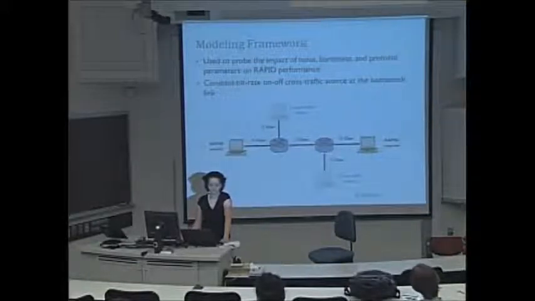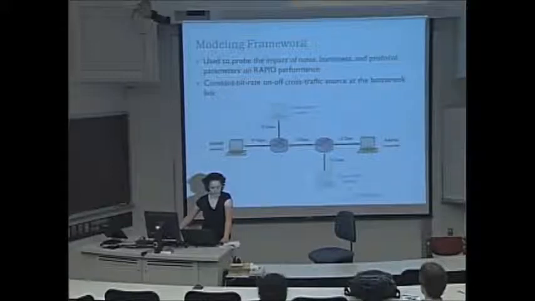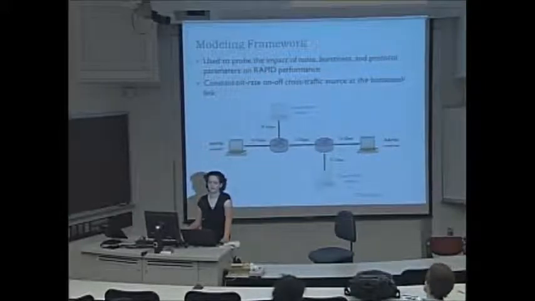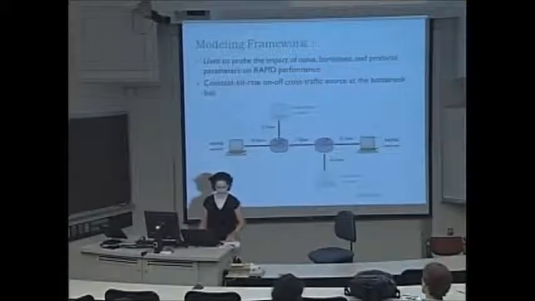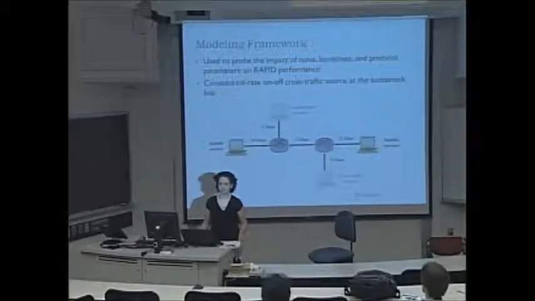The cross-traffic sender sends packets in on and off bursts, and it will send at one constant bit rate while it is on. Using this network, we are able to see how the burstiness of the cross-traffic affects Rapid's ability to fully utilize the available bandwidth on the bottleneck link.